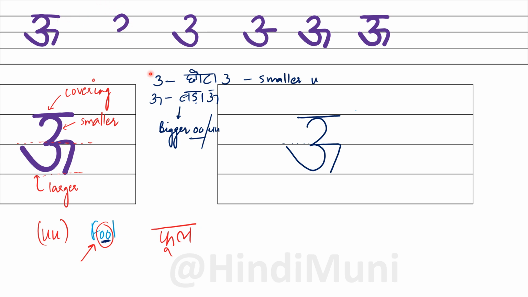Over here, you can see the motions: you first go this way, then this way, then you make a horizontal line, then you come down vertically, and then you put the horizontal line on top. This actually covers the semicircular part, unlike the earlier vowels. This one is a smaller semicircle and this is a larger semicircle.